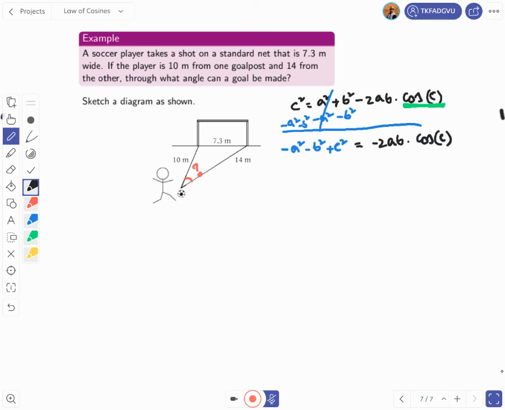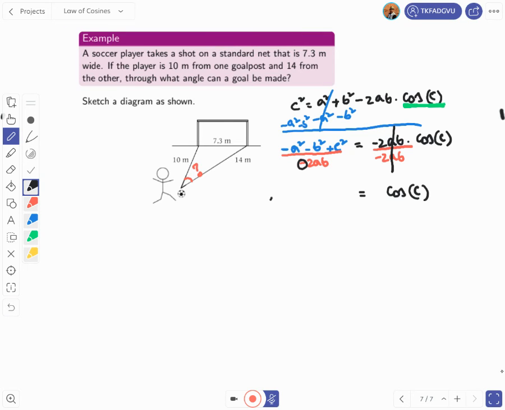Here negative 2ab is multiplying. Therefore, the inverse operation is division on both sides. So, division by 2ab. Now, these two get cancelled. The value of cos C equals, actually I have to divide each and every term by the negative sign.